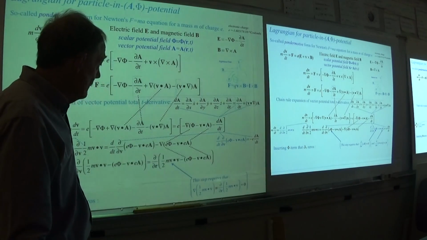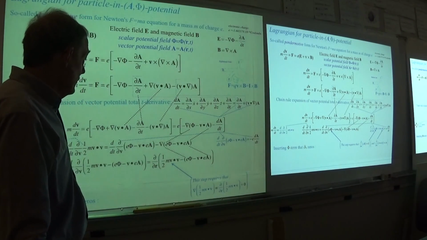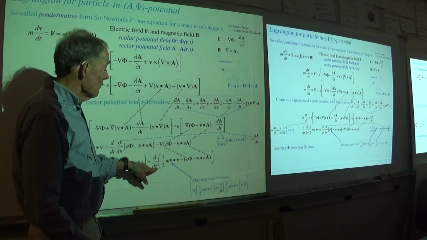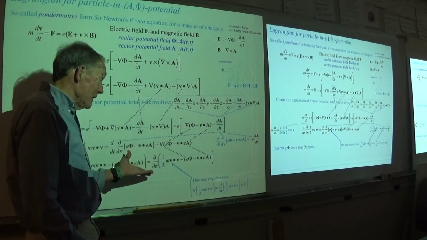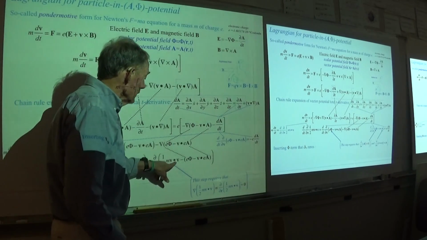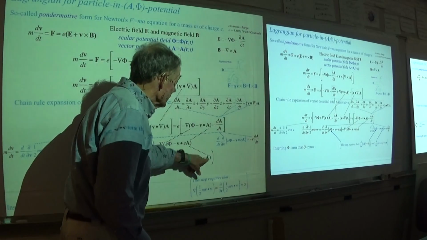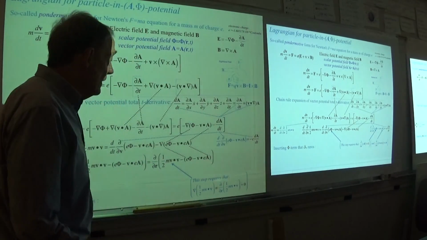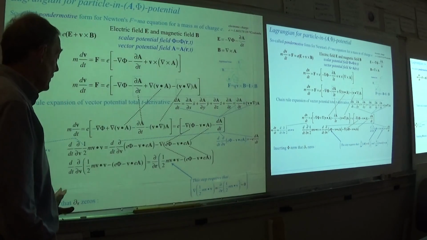So first thing to do is notice that I can write this whole thing just as a partial with respect to the coordinate vector r. That's a gradient, but I'm rewriting it, okay? And I've got here the kinetic energy, and then I've got here this thing that has a potential in it, but also has a vector potential multiplied by the velocity, and that's the trick right there.